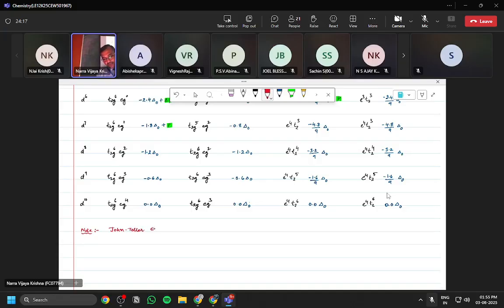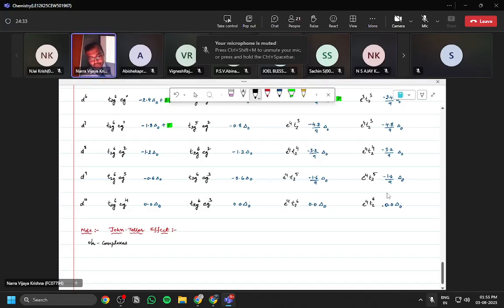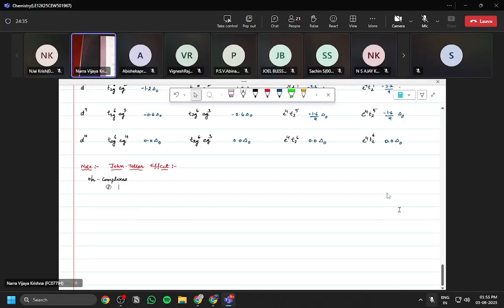That's why we are discussing this concept. This effect is observable only in case of octahedral complexes.